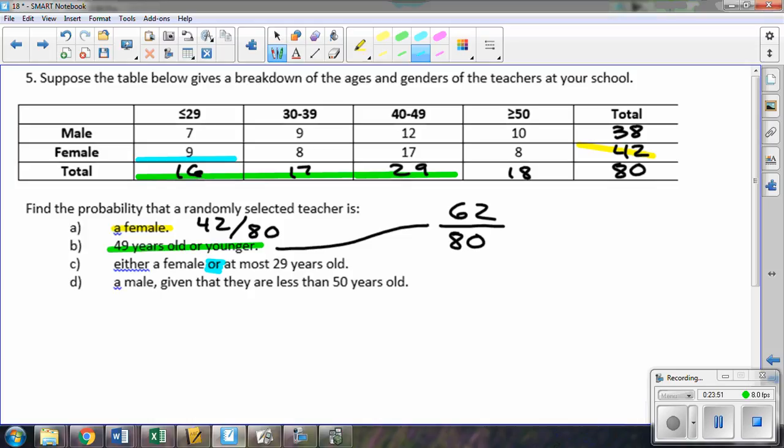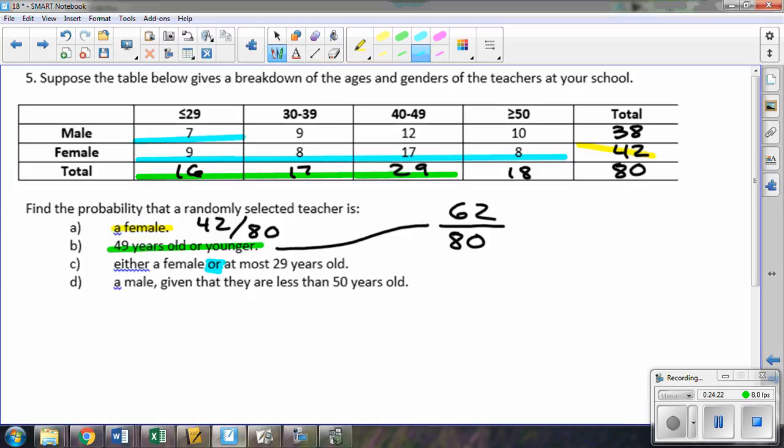Female or under 29, or at most 29, that gives us any female is considered a success. Which we'll note is the same thing as just taking that block of 42. Or we could have people who are in their 29, or who are in their 20s, and that would include these men.